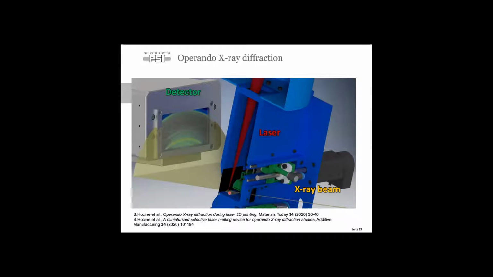We can tilt the machine typically up to about 20 degrees, and up to those angles the powder remains very stable. After the interaction of the X-ray beam with our material, it diffracts, and the diffraction signal is recorded with a detector placed just behind our device. From the top we see the laser interacting with our powder bed.